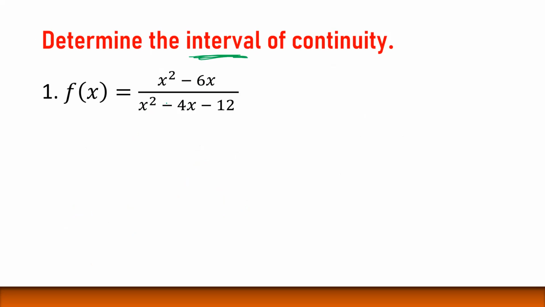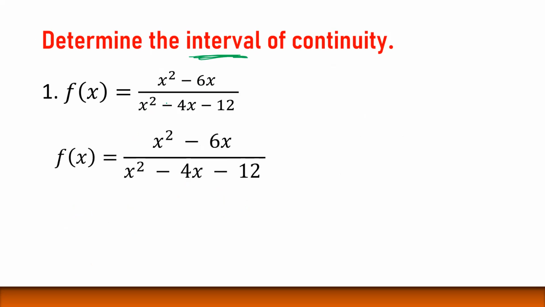So, this is a rational function. Yan. So, kukunin natin yung mga zeros ng denominator. So, we factor the denominator. Okay? So, dito lang tayo mag-focus, no? Although, makikita natin si 6 will be a removable discontinuity at x equals 6. Magka-cancel kasi siya, no?